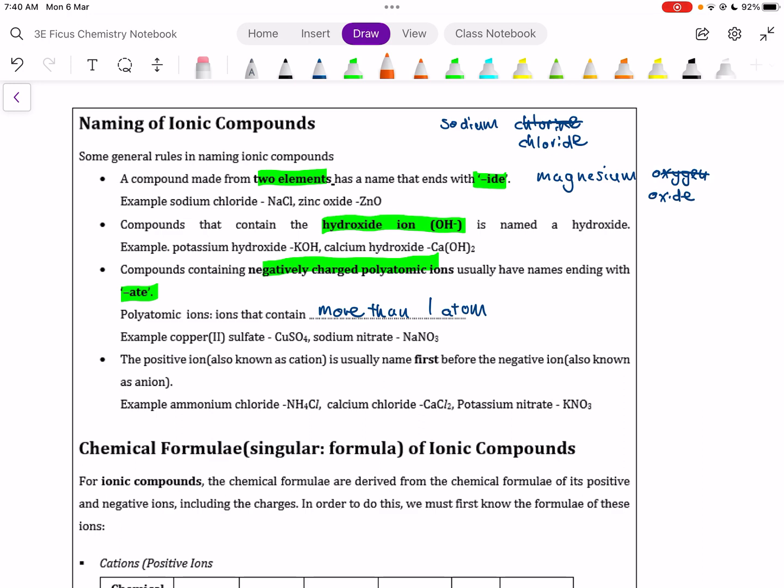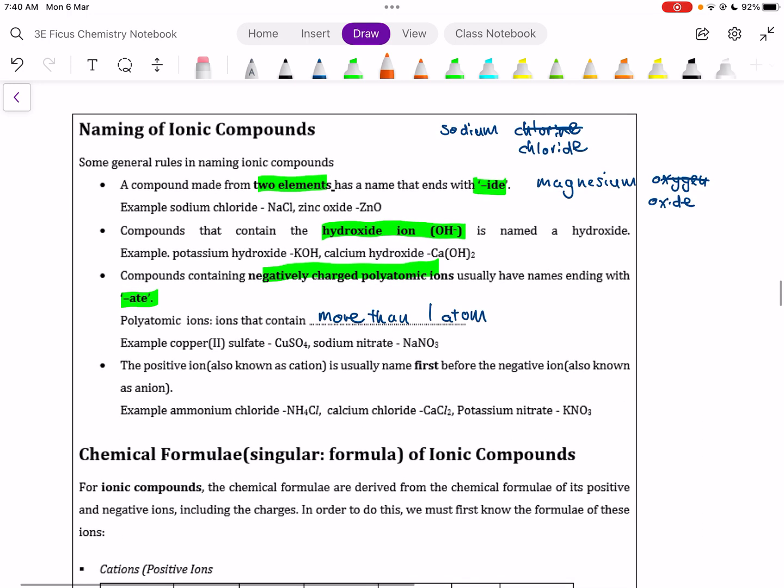Just as a recap, on the naming of ionic compounds as well as the chemical formulas. Before I go through the examples, and then later on I will go into covalent bonding.